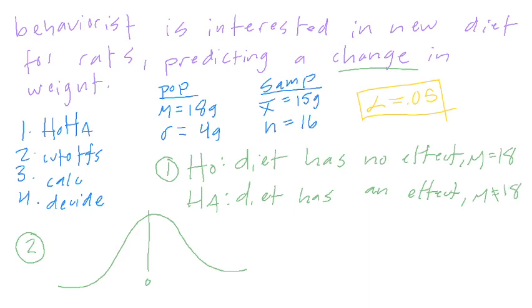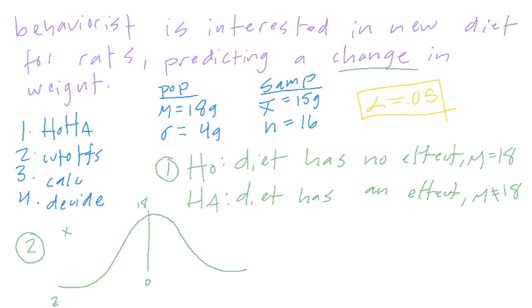If we're talking about this particular data distribution, and we're using the Z distribution here, if we're talking about the X distribution, which in this case is our sample or rat weight, we know that the mean for the population is 18. So this is us using the normal curve to represent the null hypothesis.